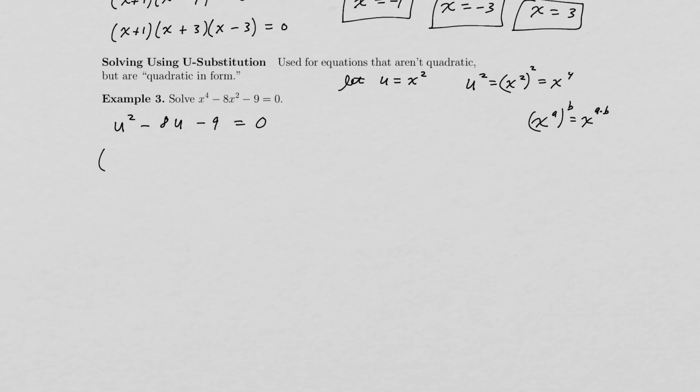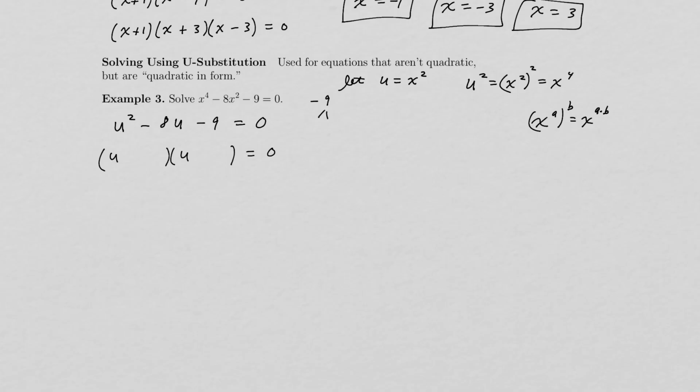So I'll write out my set of parentheses for my two factors. I know the first term has to be u and u. Now I want two things that multiplied give me negative 9 and added give me negative 8. Well, negative 9 and positive 1 will work.